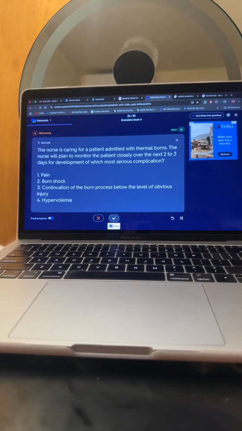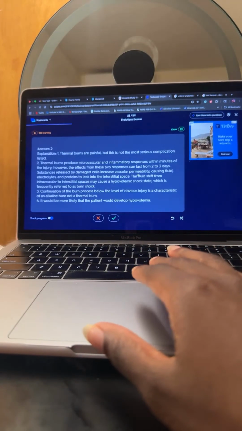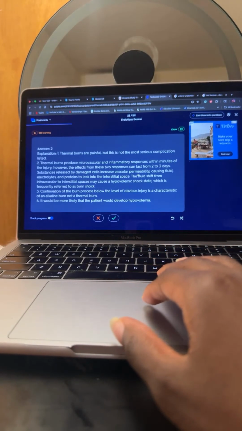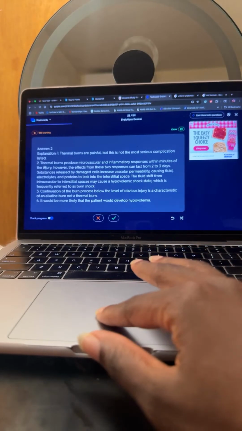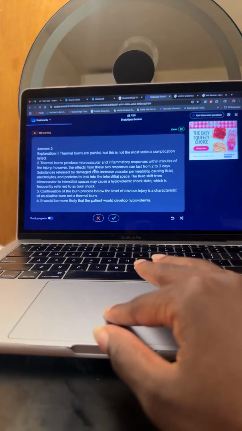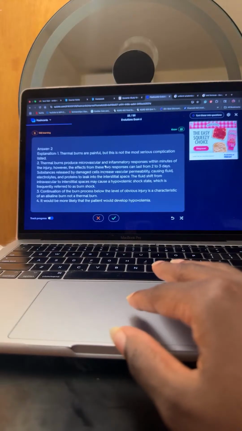You're going to have pain right away, and sometimes you might not even have pain with burns. So I'm going to say burn shock. Okay, it is burn shock. Thermal burns produce a microvascular and inflammatory response within minutes of the injury. However, the effect of these two responses can last for 2 to 3 days.